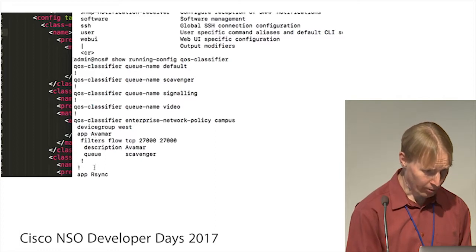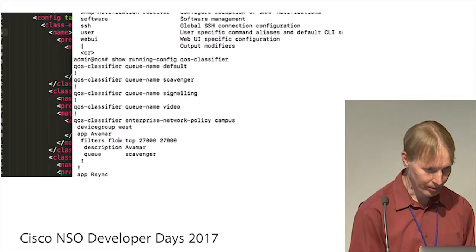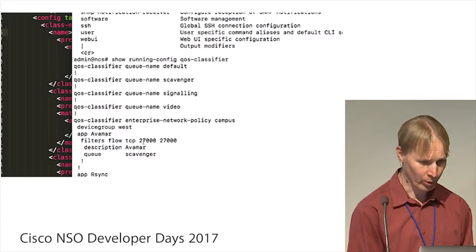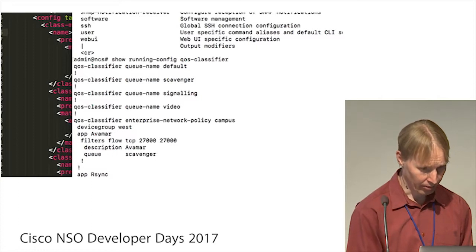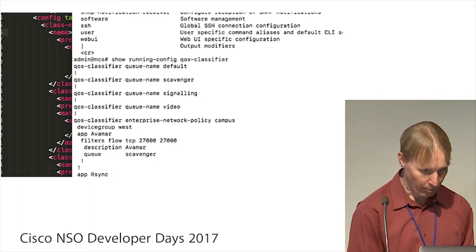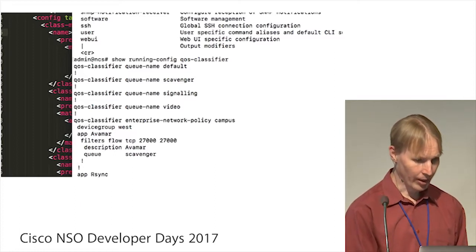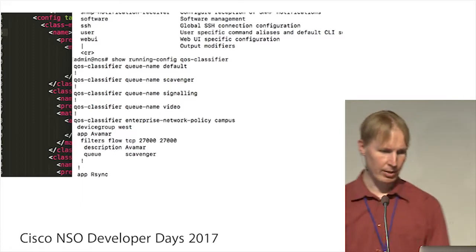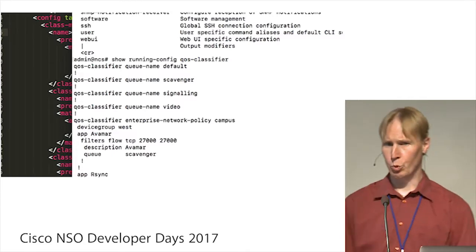I have Avamar, rsync, and SnapMirror backup. Avamar is running on TCP 27000, rsync on TCP 873, and SnapMirror backup on TCP 10565 until 10569, and always marked with DSCP 17. And if such traffic is found, it goes to the scavenger queue.